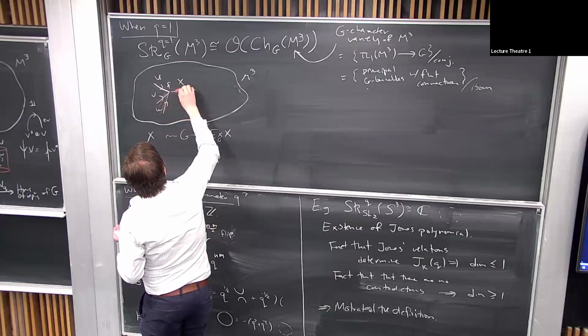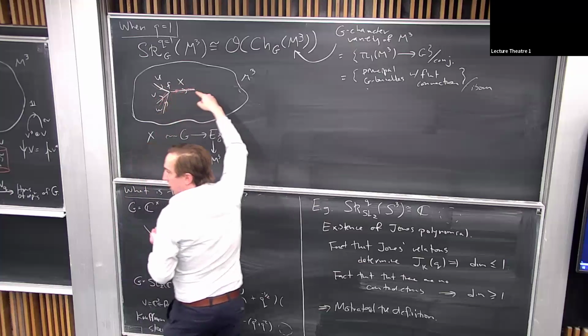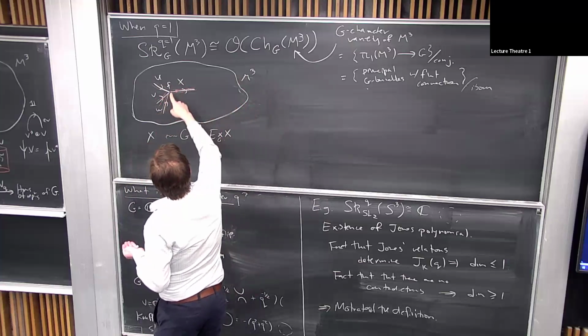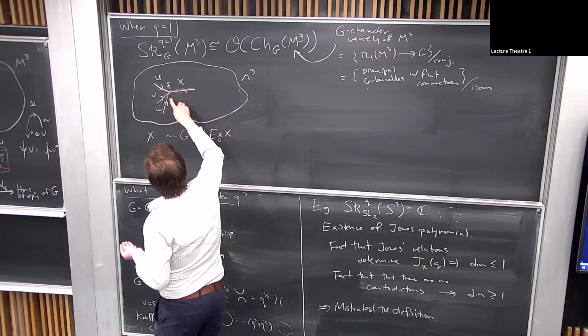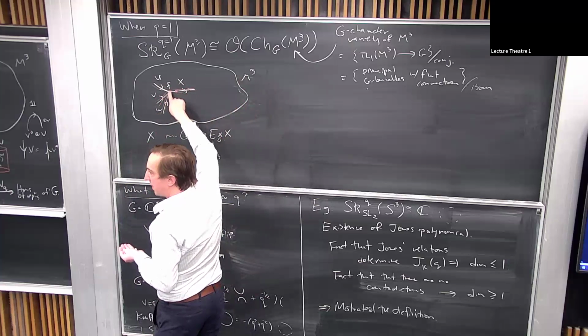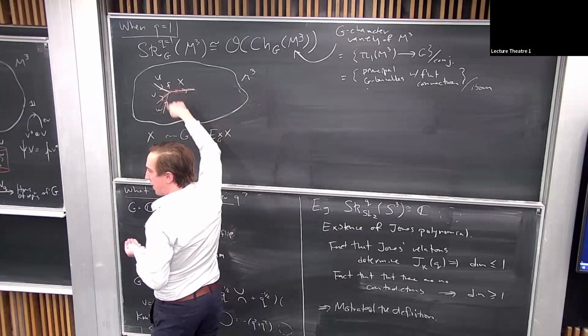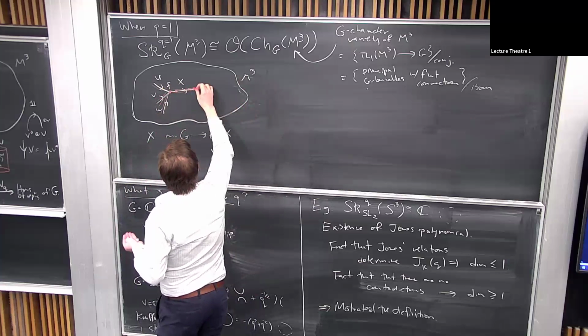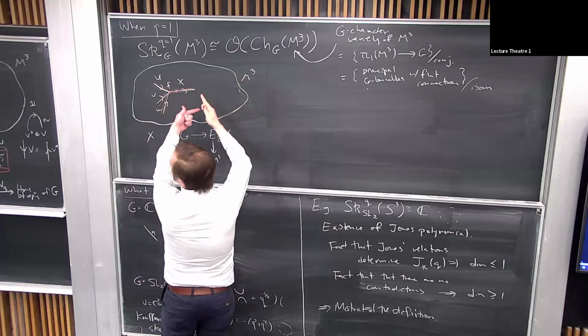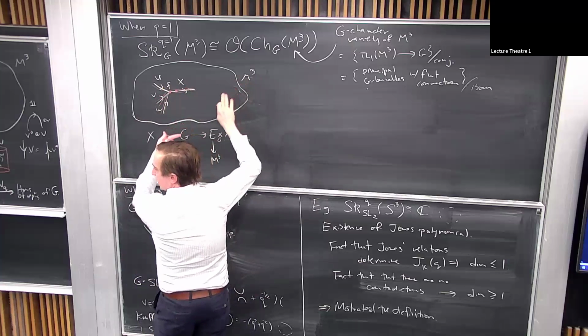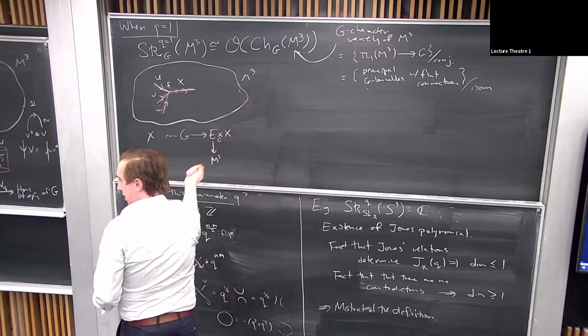Let's say I start right here, and I'm just going to traverse the network. But thankfully, whenever I encounter a vertex, I've equipped myself with a morphism F, and that will transition me from the fiber directly before the vertex to the tensor product of the fibers after the vertex. I'm going to take a big trace.